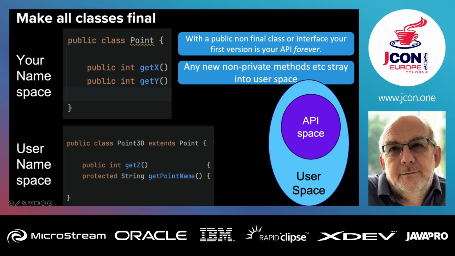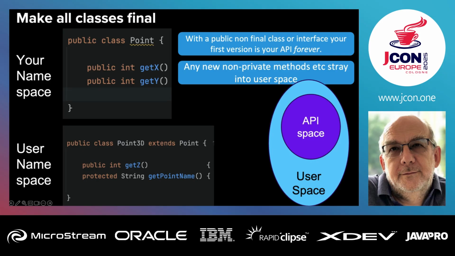So you can't add new public methods to your class later, because you might clash with the end user. Your API space is whatever you declare. If you have a version 2, your API space, the list of method names and signatures, might clash with something somebody has created on a subclass.